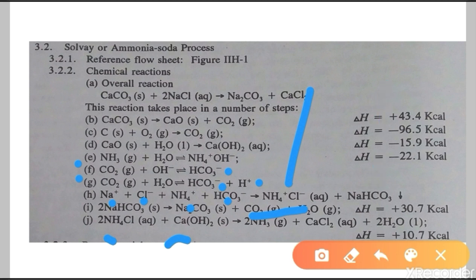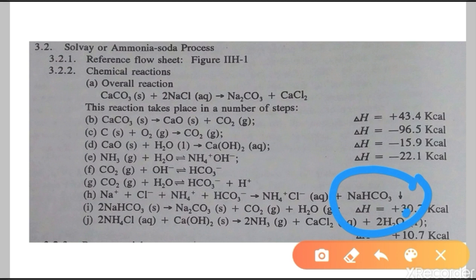Now this NaHCO3 is formed as a precipitate, and this is the chemical which is responsible for the formation of scales, for the formation of the impurities in the carbonating tower, because it is highly insoluble in water, whereas the ammonium chloride is soluble in water.